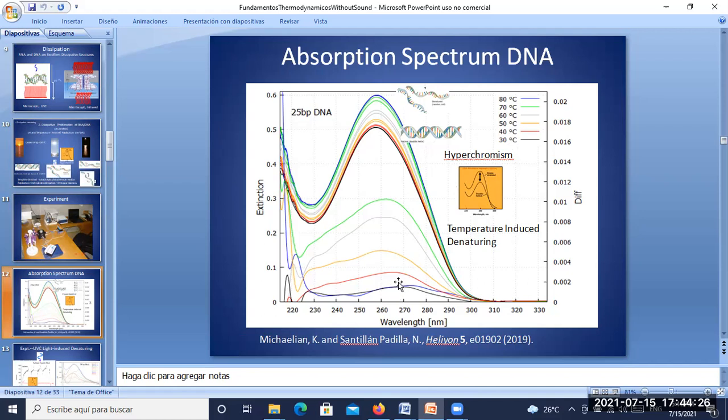That would correspond to the black line here. That's the different spectrum, changing temperature by about 3 degrees centigrade. And we do that around all these temperatures, and these are the spectra that we obtain.